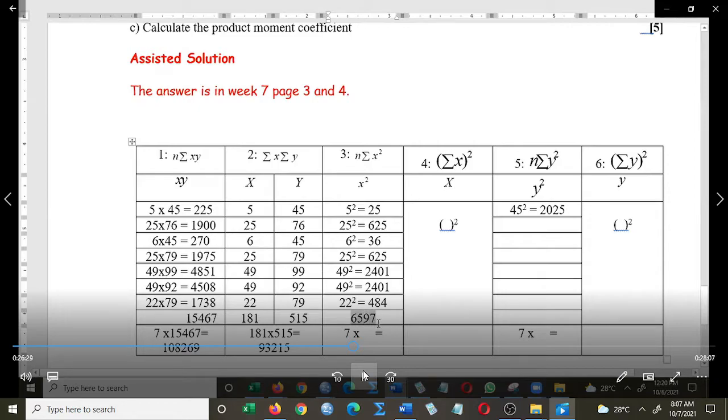We have to multiply it by 7, the n. And what did you get? 9501. Okay, so we're moving on now to the sum of x all squared.